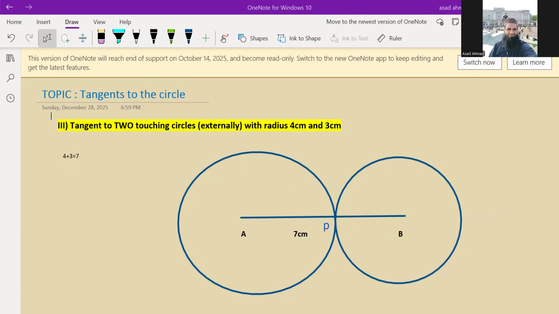And the procedure is very simple, that you will simply make a 90-degree angle at point P. Like a 90-degree angle will be made, like this sort of part will be made, and you have to make one tangent line passing through these points like this one.